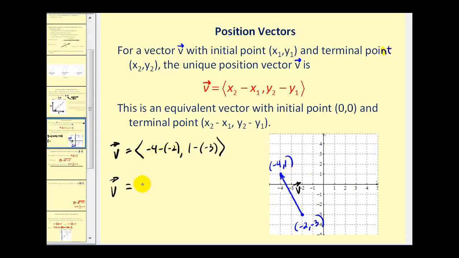So this would be the vector -2, 4. If we graph this position vector, its initial point will be at the origin, and its terminal point will be at (-2, 4). These two vectors are equal, but the black vector is the position vector.